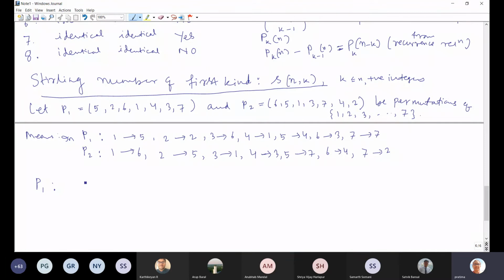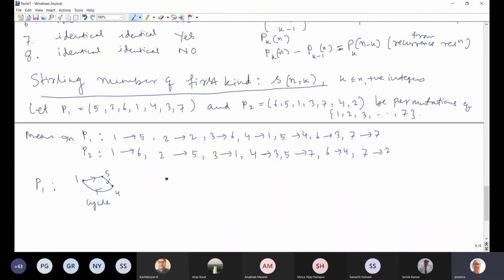The image of 1 is 5, then the image of 5 is 4, and the image of 4 is 1. So it is forming a cycle. In this permutation P1, this is a cycle.